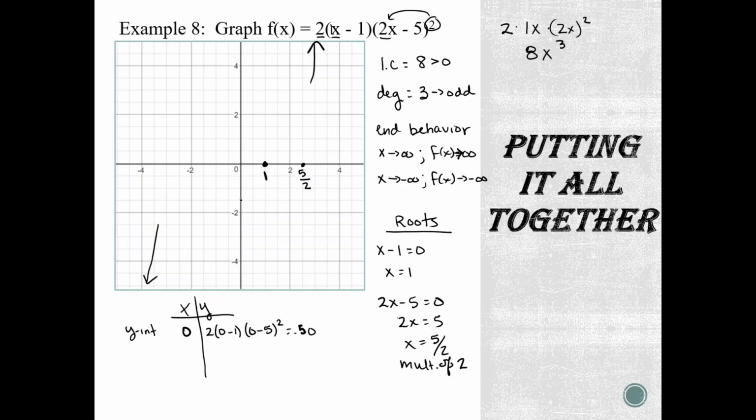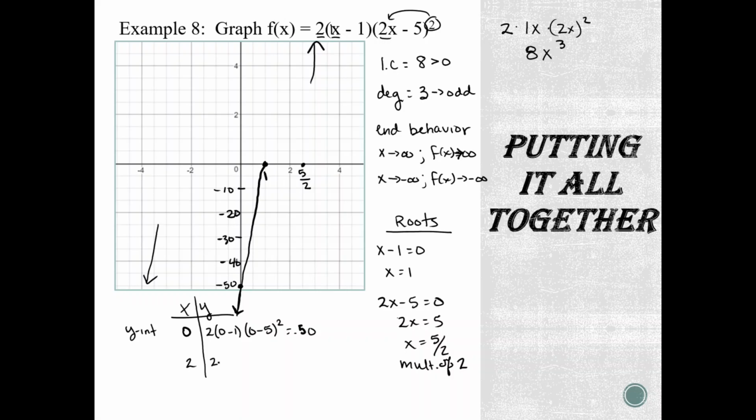So let's change my scale then and just say this is negative 10, negative 20, negative 30, and negative 40. So negative 50 is going to be down here. So my function is going to be coming from way down here, and it's going to come up till I hit that root. Okay? Now, I also might want to know what it's doing in between the two roots, so maybe I just plug in a 2.